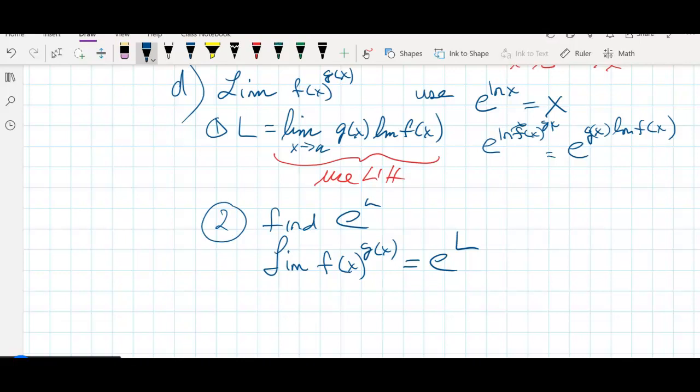Oh, this one has an ln right here. That's natural log. Yeah, x to a. All right, so here's an example. It's just a common one. Let's find the limit as x goes to 0 of, I found it and then I lost it.